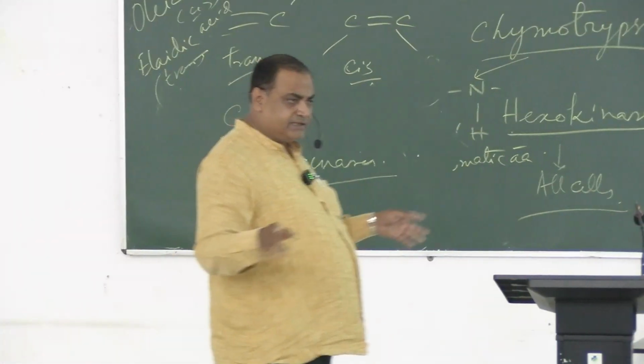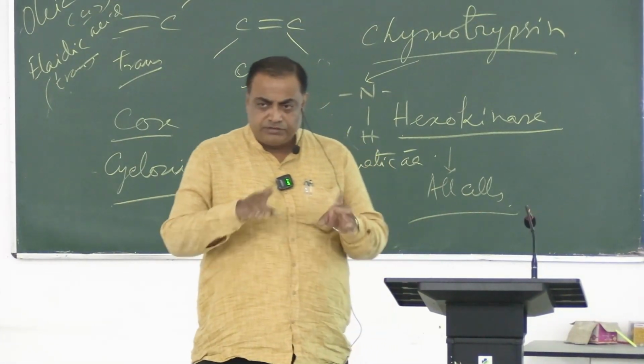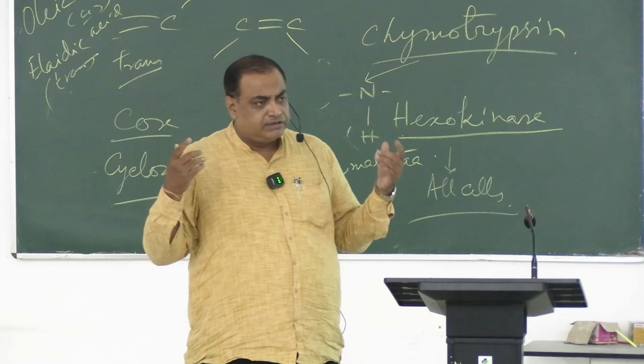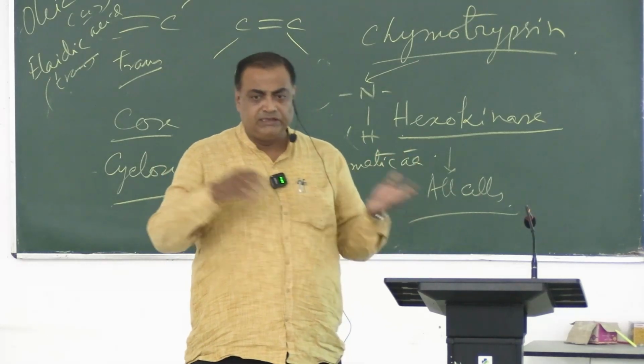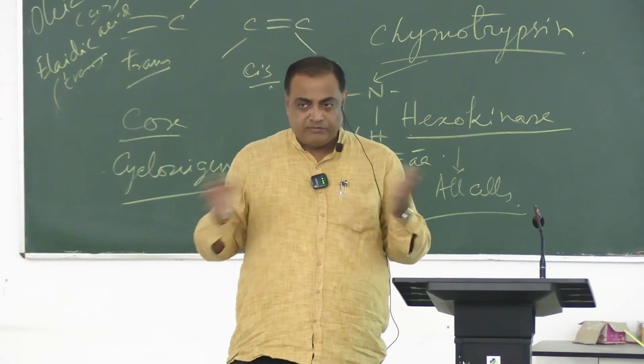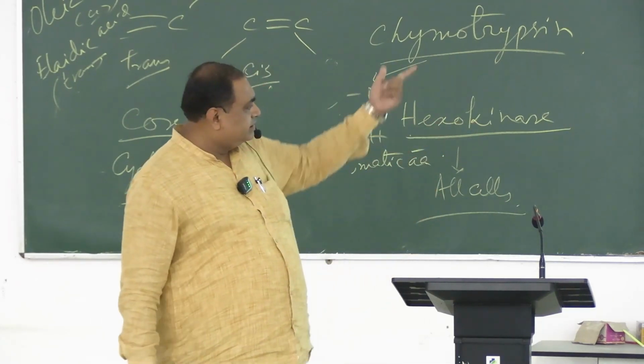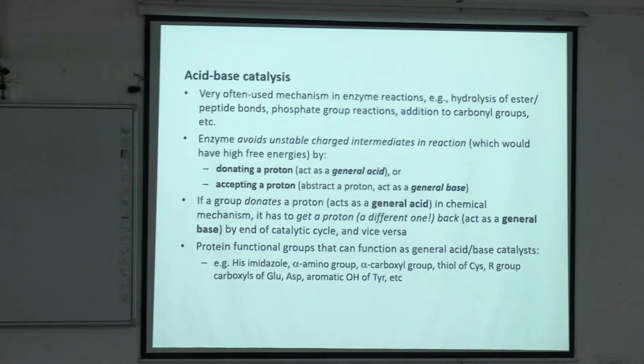Wherever acid and base are both happening together, like oxidation reduction, there is always something getting oxidized and the other thing getting reduced. That is why you call it a redox reaction. Both happen simultaneously. Similarly here also, donating a proton is general acid reaction, accepting a proton is general base reaction.